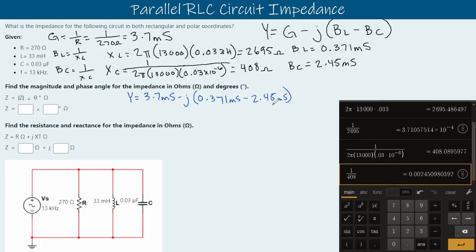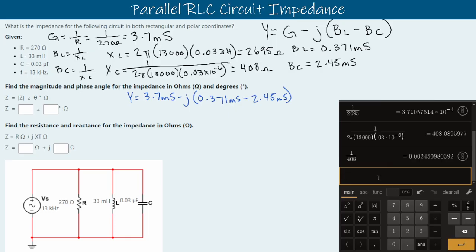So when we subtract these two, the second number is going to be a little bit larger, which means it's going to pop out negative, and then those two negatives are going to cancel each other, and that's something that makes these answers wrong all the time. So just watch out for your negatives. 0.371, they're both in milli, so we can just subtract them directly. 2.45.